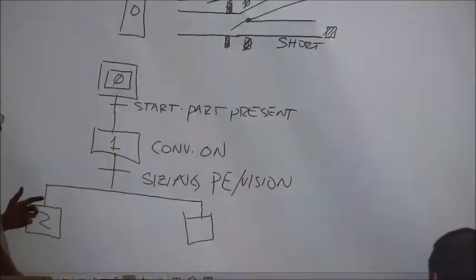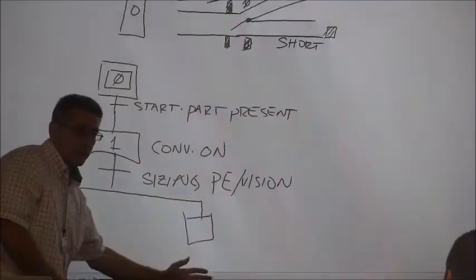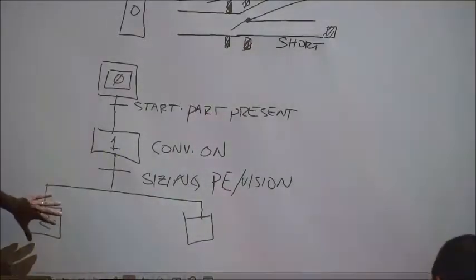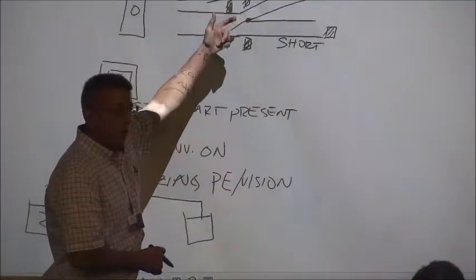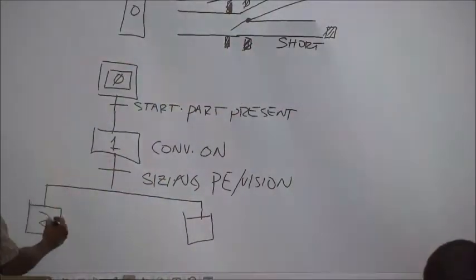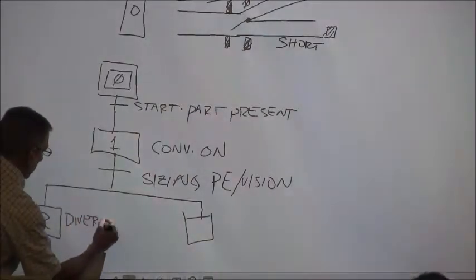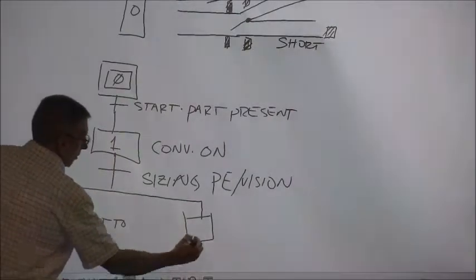Let's say we have 2, 3, 4 actions over here, then we go 5, 6, 7 on the right. Make sense? But either way you go, you're still going to return home. That's exactly right. So in action 2 here, it's either going to divert the tall or divert the short, however you set it up. So we'll just say divert the tall. Divert the short.